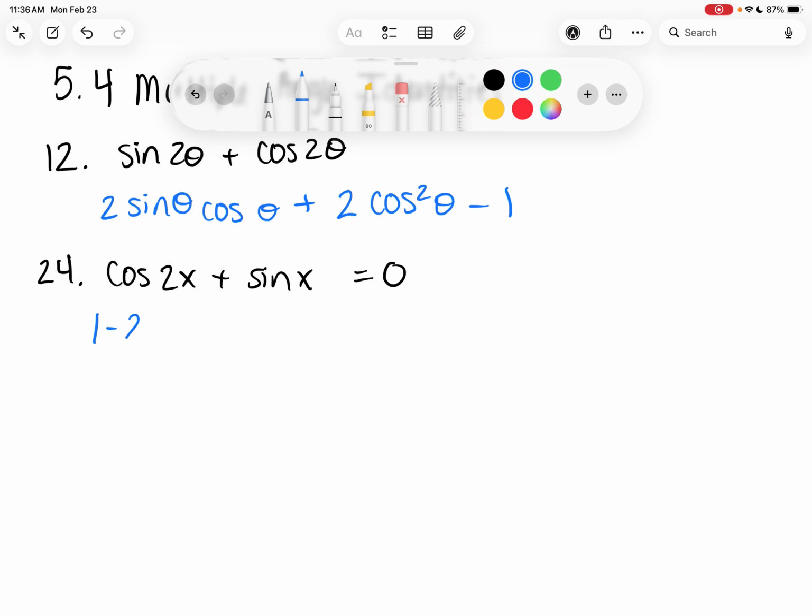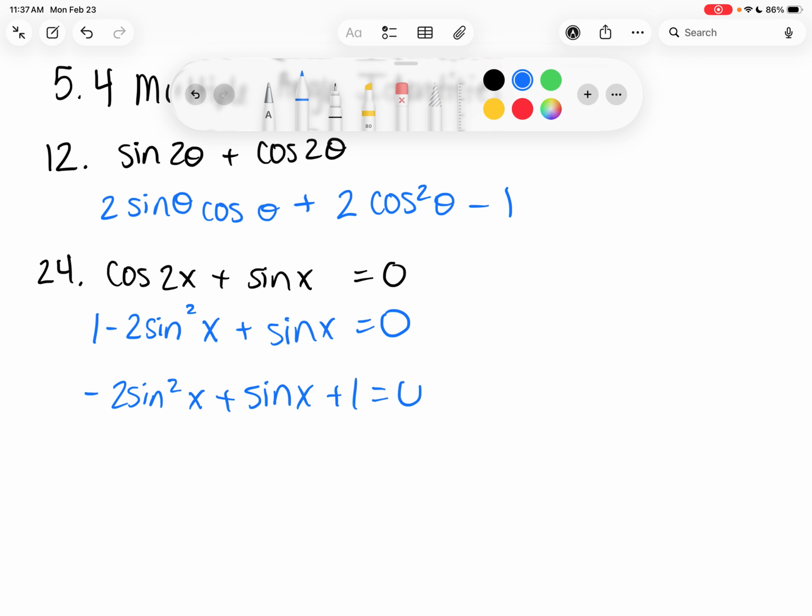Yep, 1 minus 2 sine squared of, in our case, x plus sine of x is equal to 0. I would probably reorder this and write this as minus 2 sine squared of x plus sine of x plus 1 is equal to 0.